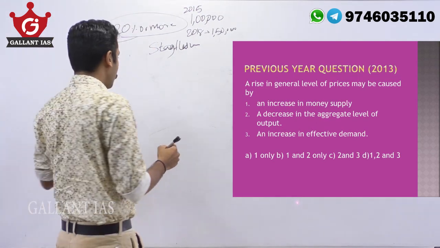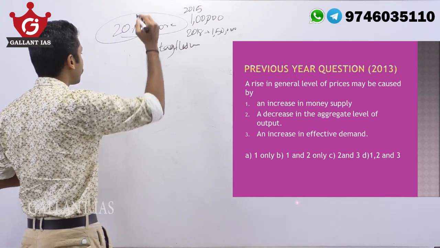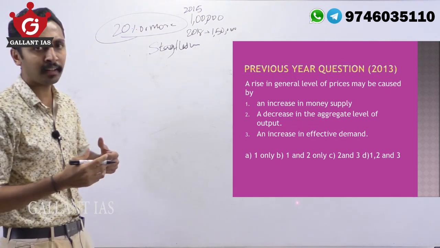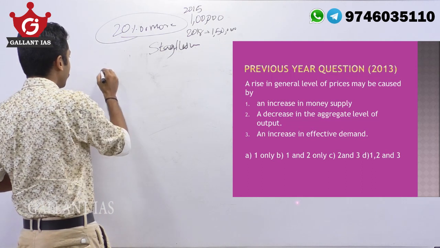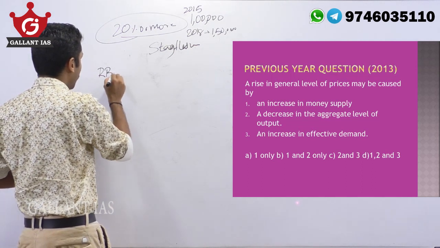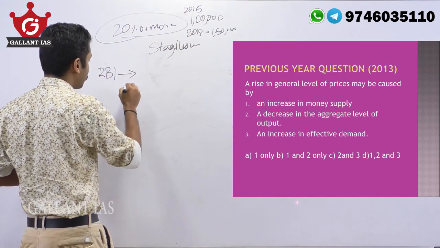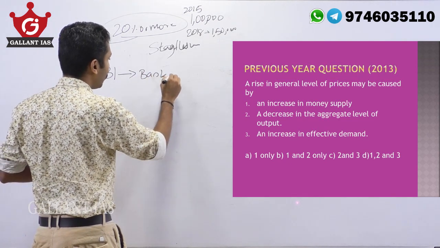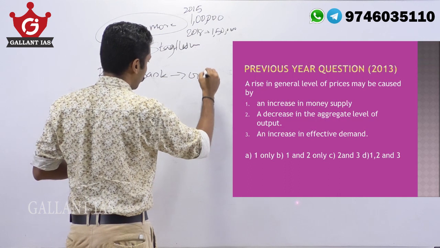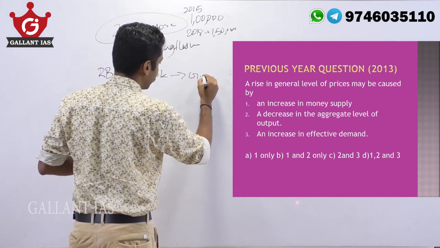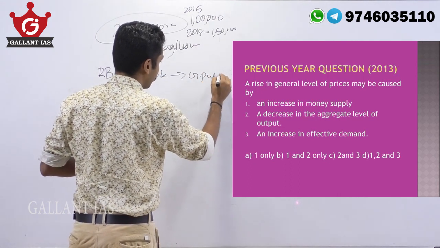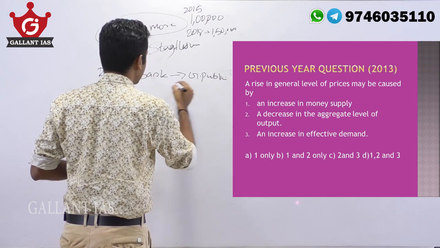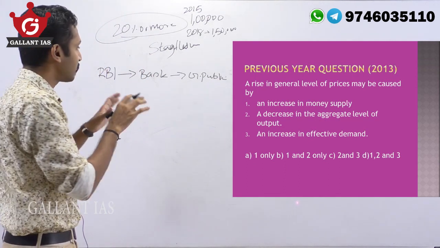Who is the supplier of money in our economy? The central bank. In every economy, the supplier and creator of money is the central bank. In India, that is RBI. RBI creates money and supplies money to banks, and banks lend it to the general public, which includes corporates, individuals and government. So this is how our money supply system functions.